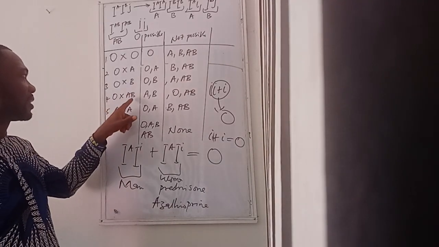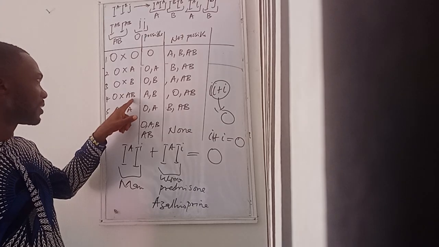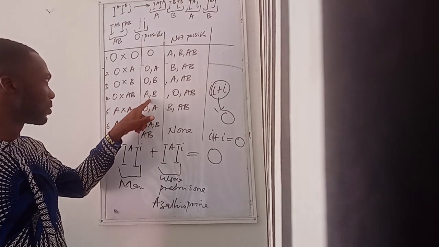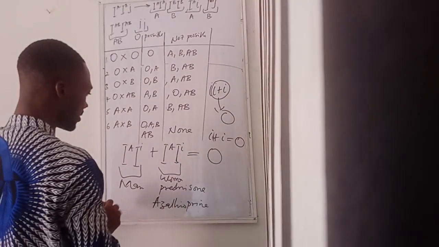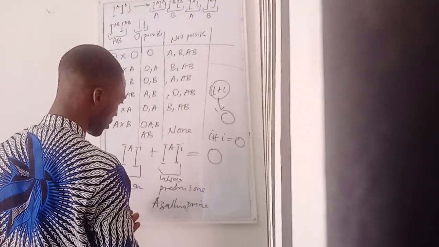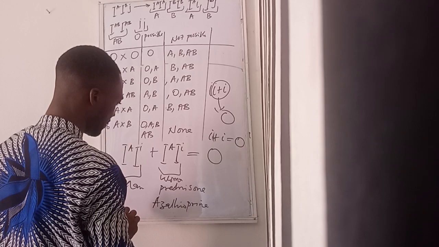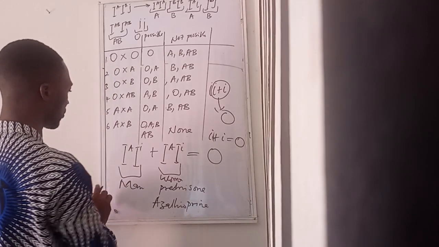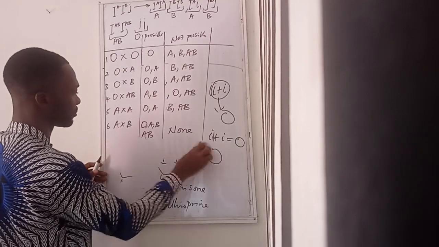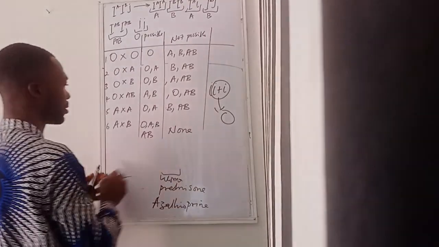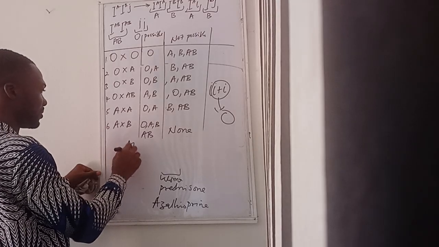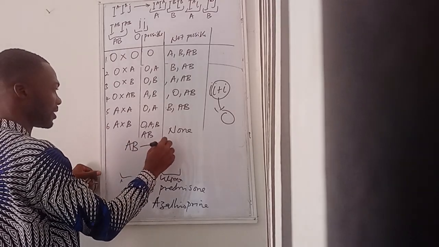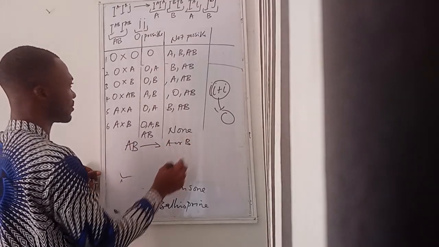Then O and AB. O and AB cannot produce O. The reason is that a parent that is AB can only donate the A allele or the B allele.